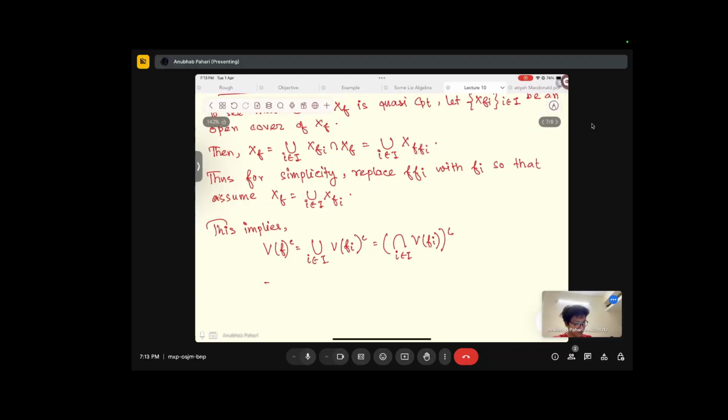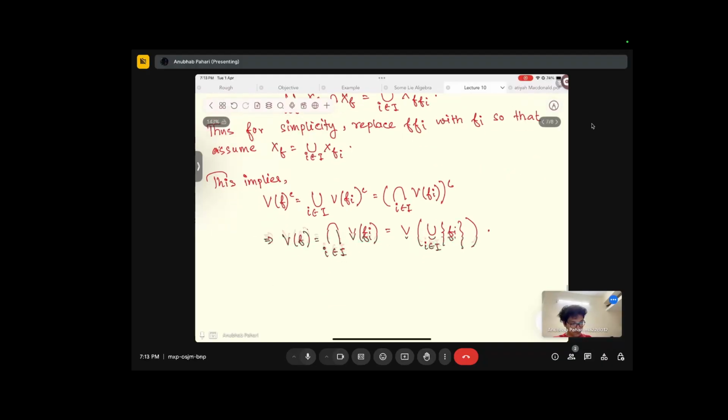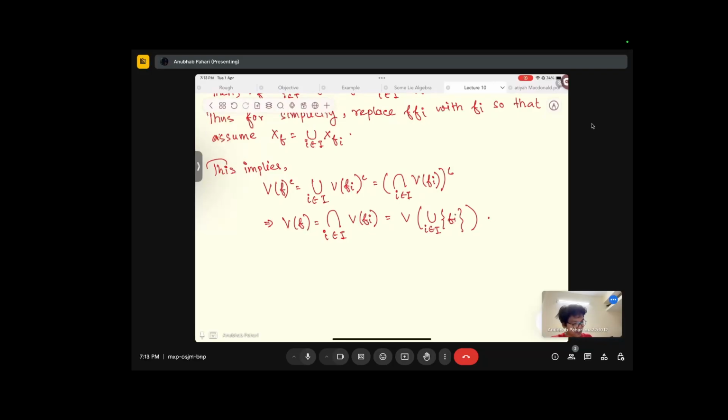So this implies Vf equals V of the union of fi, i belongs to I. This implies the radical of f should be the radical of the ideal generated by fi, i belongs to capital I.